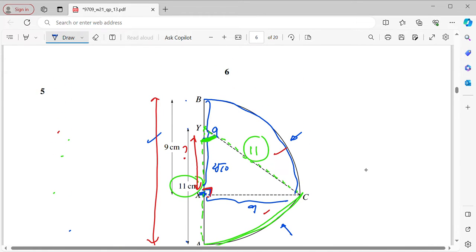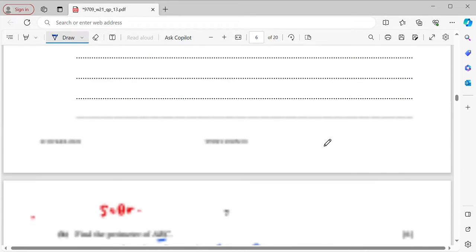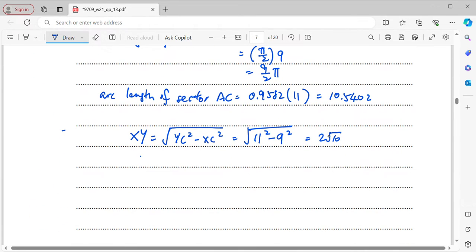Then now I can find the BY. So the BY is basically 9 minus XY, that means this is 9 minus 2 square root 10.